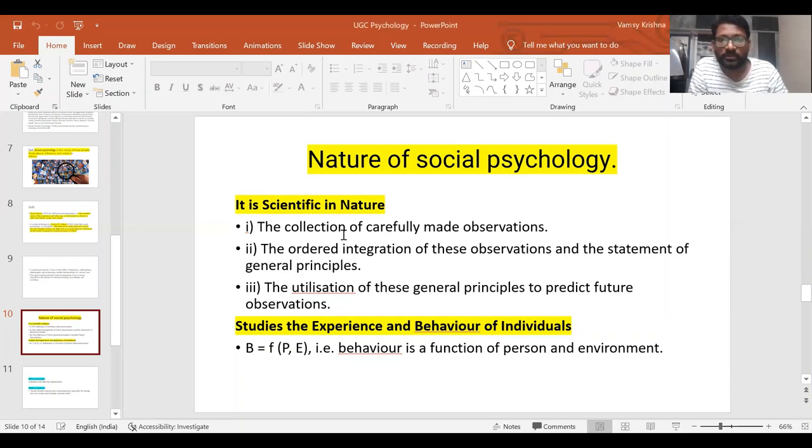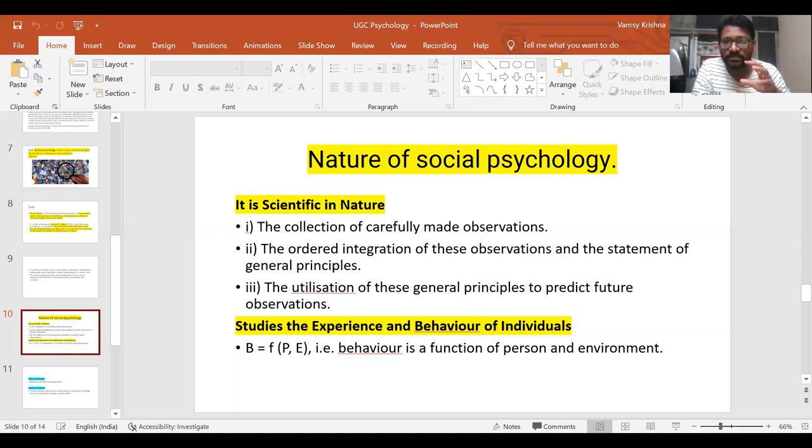One is the collection of carefully made observations. Carefully made observations require gathering of information about issues and processes of interest, and even an attitude of skepticism.